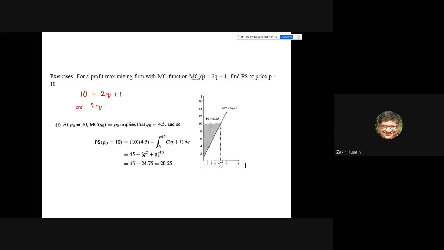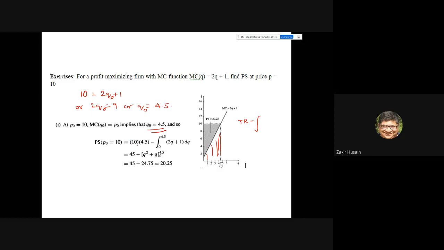So we simply find Q over here. Q0 is 4.5, and then we take this function. So instead of subtracting total revenue and this integral, what we do is we invert this function, and in that case this becomes the producer surplus.